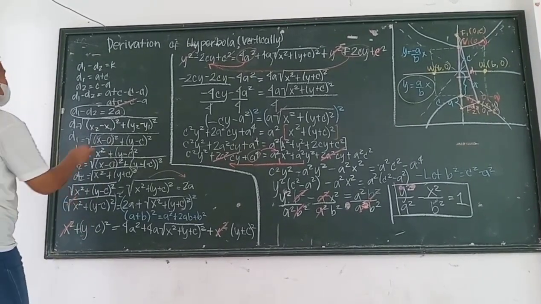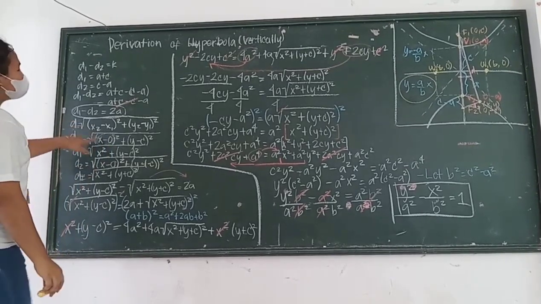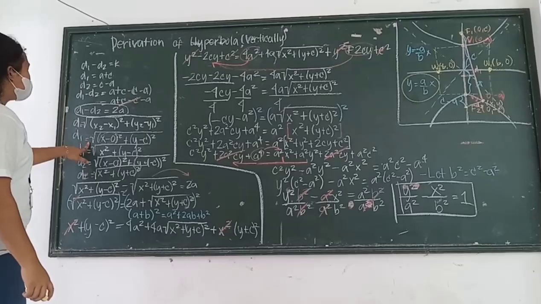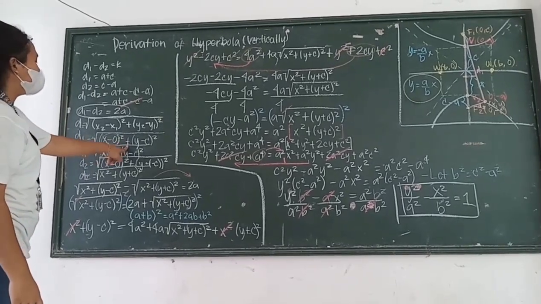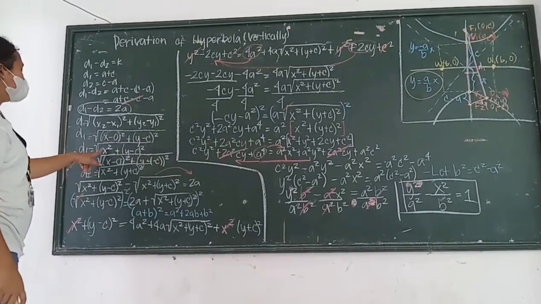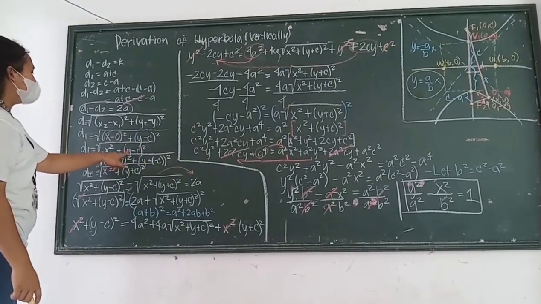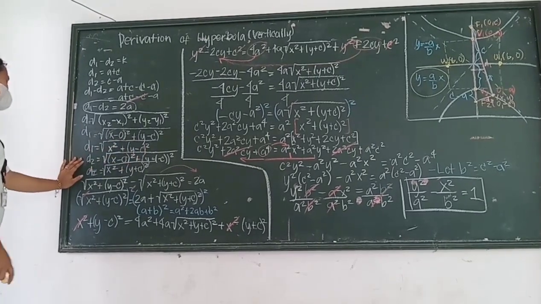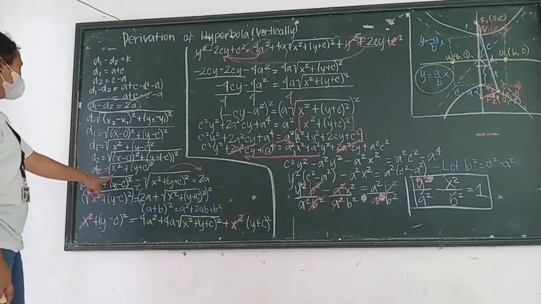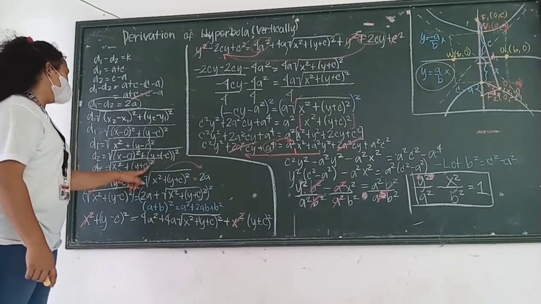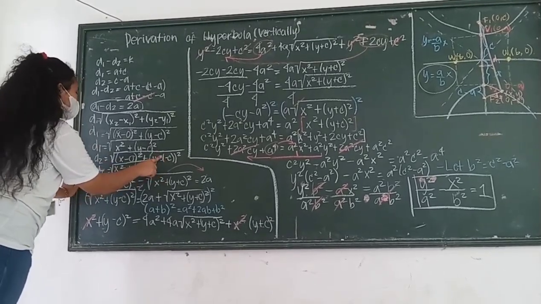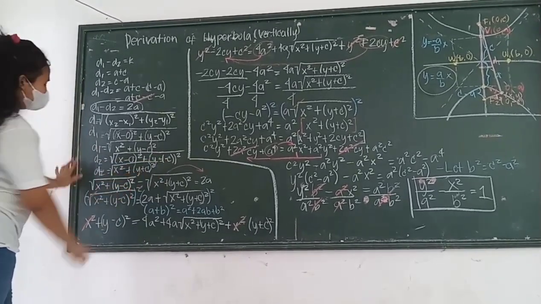So our x and y's will be the point there. So distance 1 is equal to square root of x minus 0 squared plus y minus c squared, so distance 1 is square root of x squared plus y minus c squared. Our distance 2 is on the same process. That will be equal to square root of x squared plus y plus c squared, because negative times negative is equal to positive.